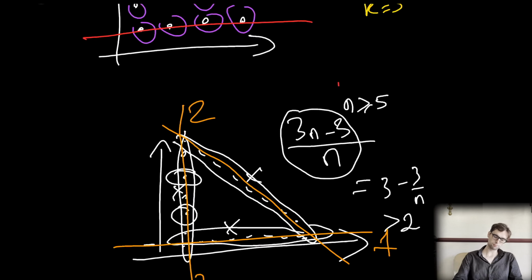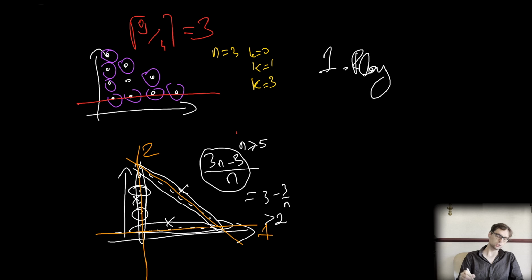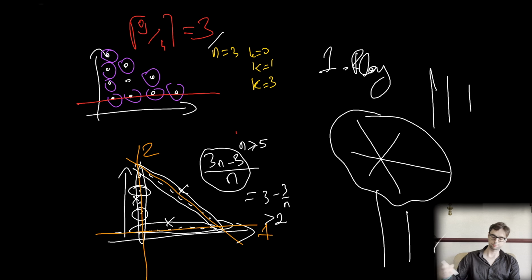Now, looking back at the problem, what are the major learnings from this problem? So number 1 is, as always, you need to play with small numbers. You play with n equals 3 to figure out the configurations that have 3 sunny lines, that have exactly 1 sunny line, and that have 0 sunny lines.